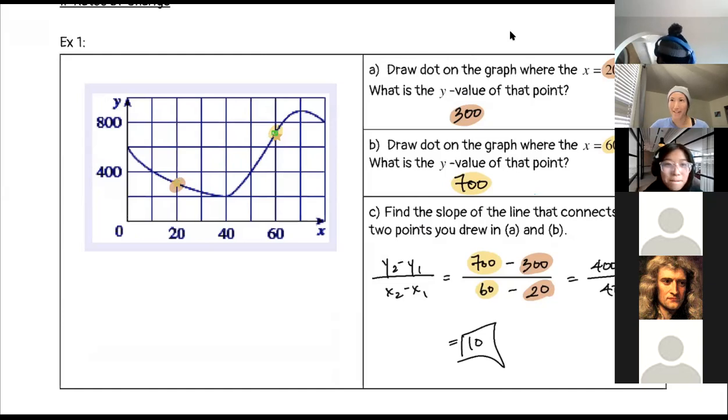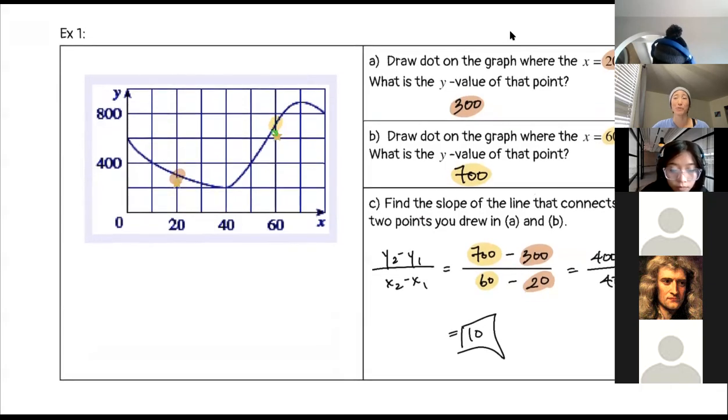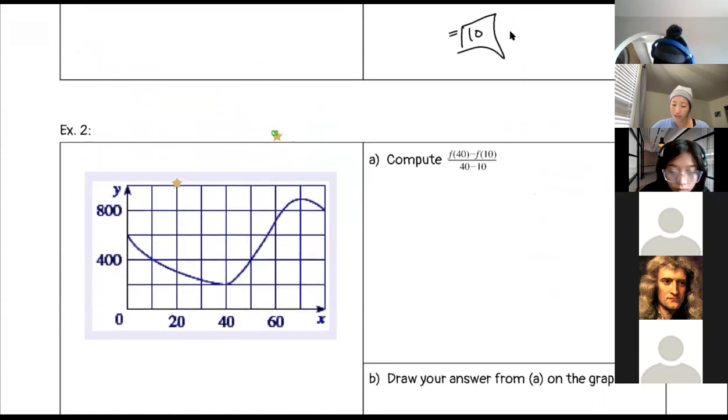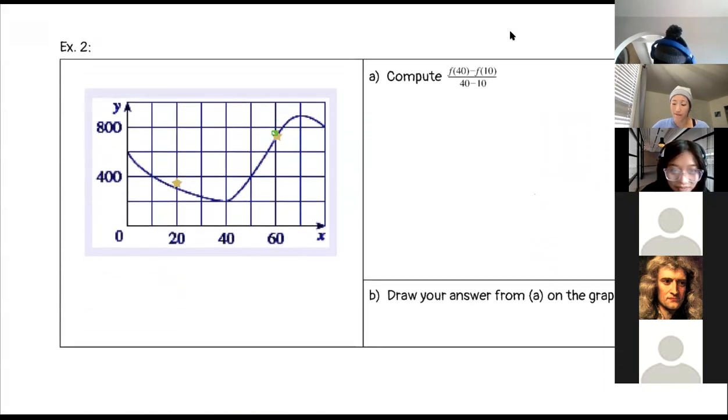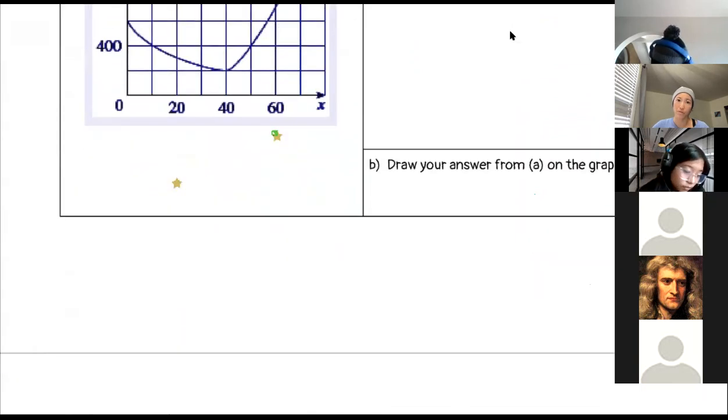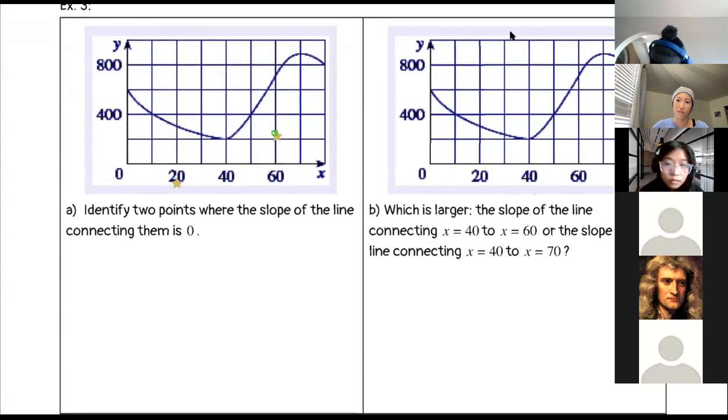Okay, so any concept questions or procedural questions on example 1? If this all feels pretty familiar, this is good. It's a really good start. But let me just show you, we have a few other examples. So example 2, example 3.